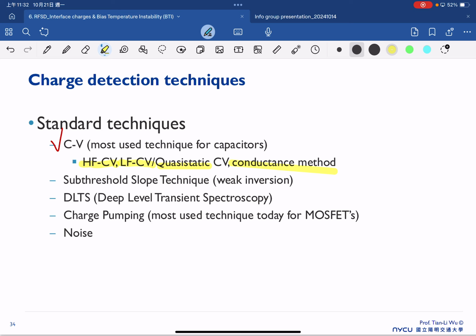So we will briefly go through these methods one by one. Of course, in this class, due to time limitation, we cannot go through each one in very much detail. And I also just want to let you know that many researchers work on one specific topic from their PhD until after becoming really experienced researchers. For example, hot carrier injection is a topic that you can dig deep into for more than 10 to 20 years.